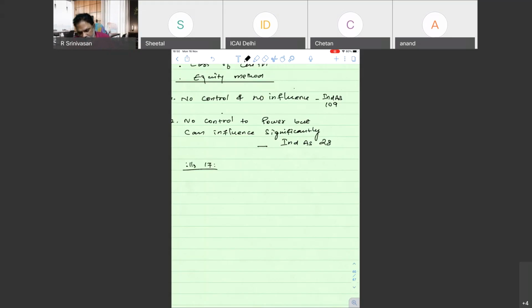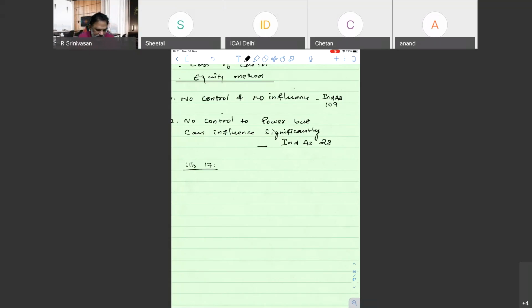Yes, in Ind AS 28, consolidation is to be done. In joint venture and joint association, you have to make the consolidated financial statement. So in the first case, the investment entitles 20% voting power and significant influence over Q. Yes, we have to prepare consolidated.